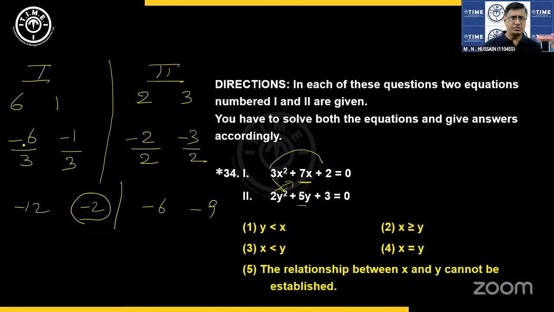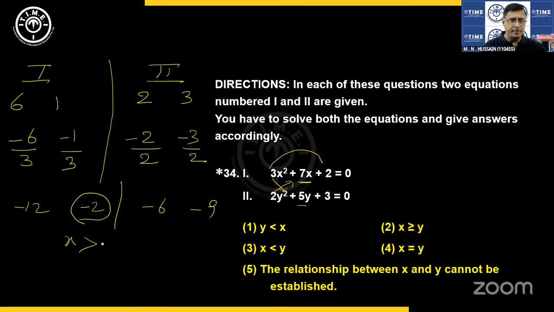Sum of the values is 7. Now here, minus 6 minus 1 by 3, and 2 and 3 means minus 2 by 3. Yes. Now minus 12, minus 2, and minus 6, and minus 9. So minus 2 is greater than minus 6 as well as minus 9.